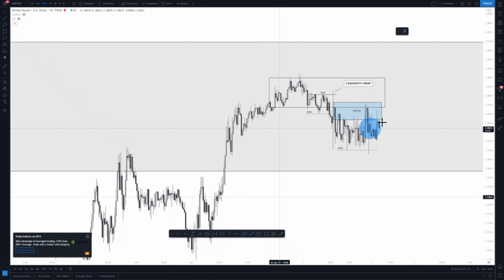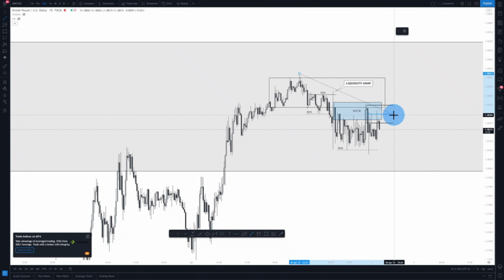We'll just have it like this because it is a long week, so we'll just have it with our fibs, 50% of the other SC, which is this one. So we would have taken our trade from there. Also over here we have another liquidity which was grabbed.